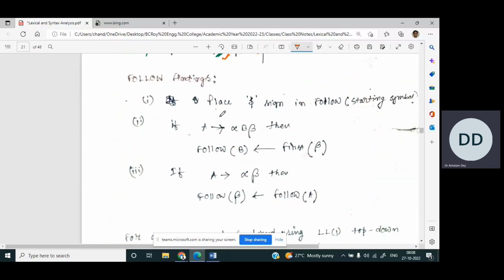Now we will be moving to that particular property, how to find out the follow of a non-terminal, for a variable. Correct. Right. Now, before starting the follow of a non-terminal, there are three rules you have to remember. Correct. These three rules we have to apply every time we use the follow function.